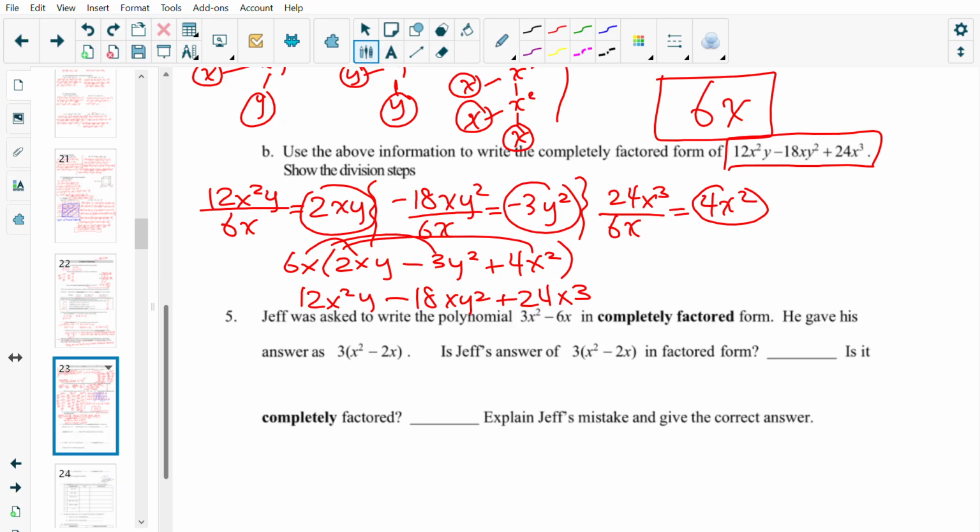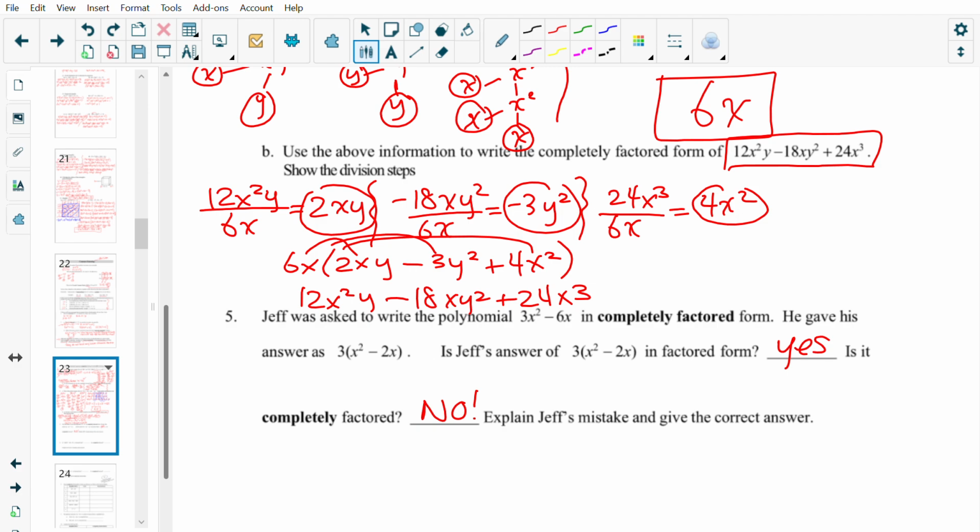First, this note on number 5. Jeff was asked to write the polynomial 3x squared minus 6x in completely factored form. He gave this as his answer: 3 times x squared minus 2x. Is Jeff's answer in factored form? Yes, it is. But is it completely factored? No, it is not.